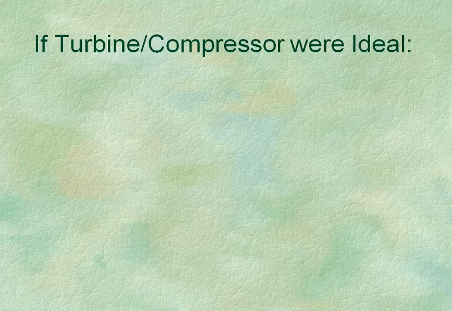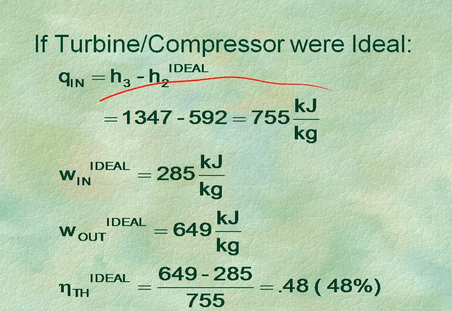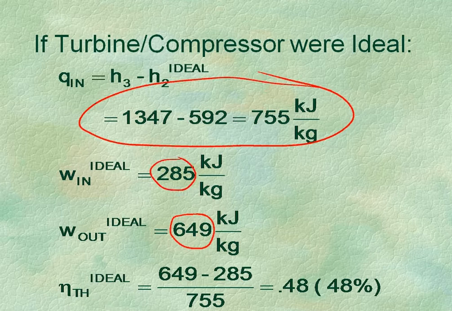If the turbine and the compressor were ideal, then you plug in the energy balance on the combustion chamber and find out that we put in 755, but we also got 649 units of work out of the turbine and 285 into the compressor.